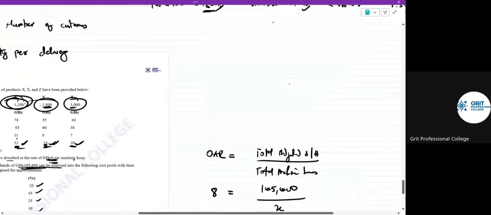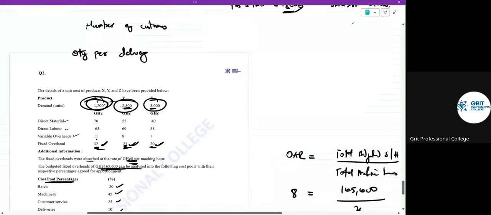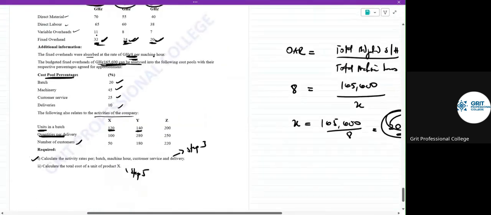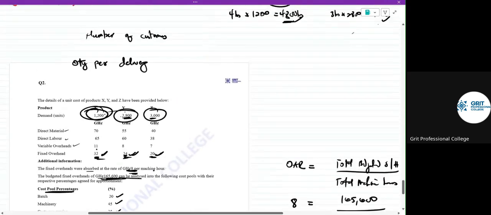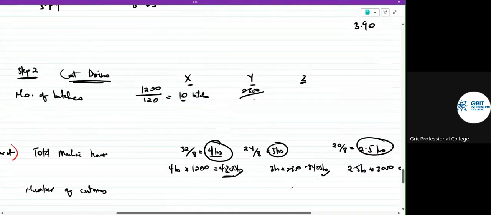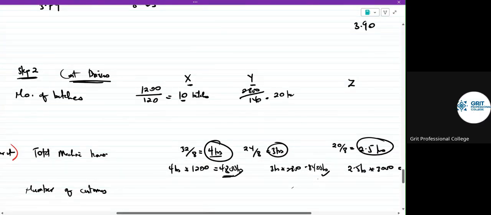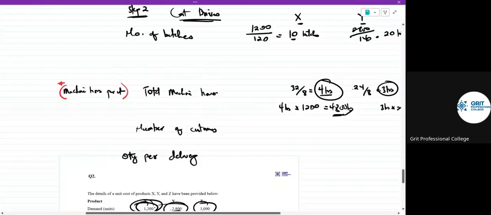Okay. All right. So then it means this 10 relates towards our entire production. Then what do we have here? 140 batches. So 2,800 divided by 140. How many batches? 20. Okay. So 20 batches. Z. What do we have?